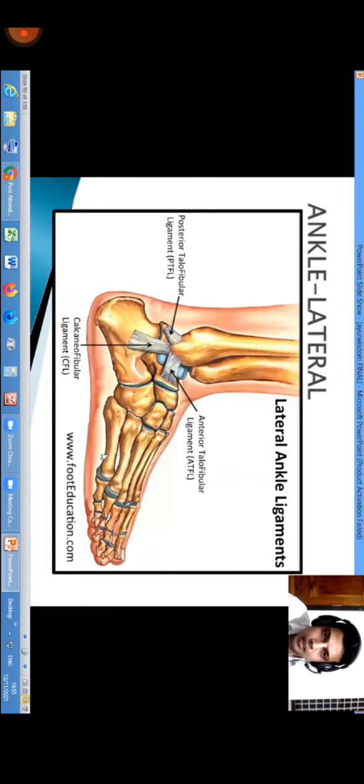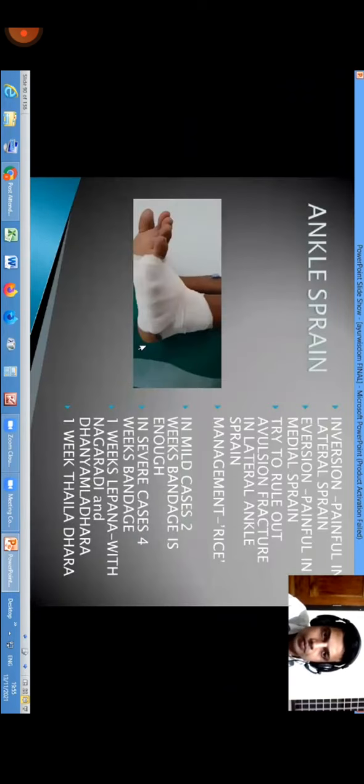Then coming to the lateral part, there are 3 main ligaments: posterior talofibular ligament, anterior talofibular ligament, and calcaneofibular ligament. Ankle sprain is one of the common injuries, and usually lateral ankle sprain happens.